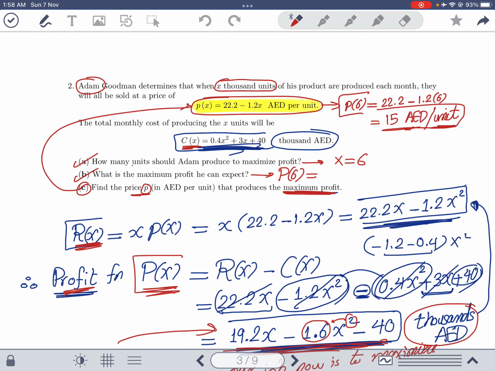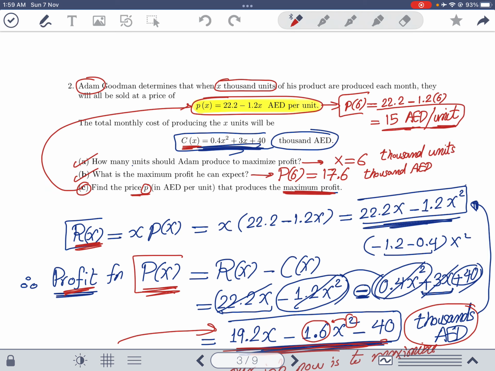So this will be 17.6 thousand dirhams. Okay, this is 1,000 AED, and this is 1,000 units.